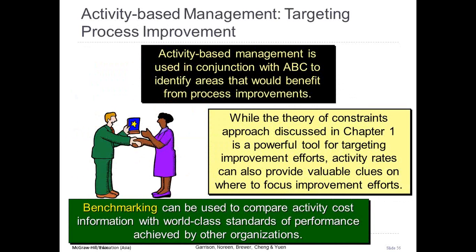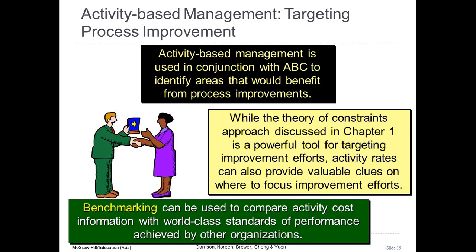Activity-based management is used in conjunction with ABC to identify areas that would benefit from process improvement. It involves focusing on activities to eliminate waste, decrease processing time, and reduce defects.